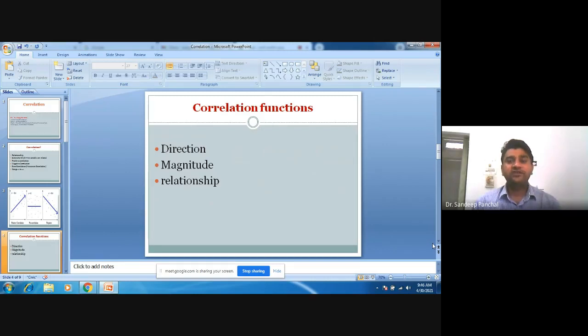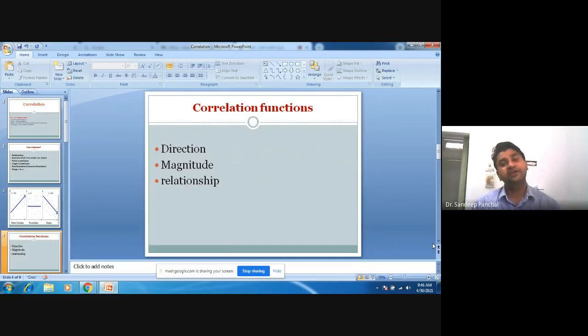What are the functions of correlations? When we are discussing the functions of correlations, we have three major functions. First, correlations reveal the direction. What is the direction of the relationship?